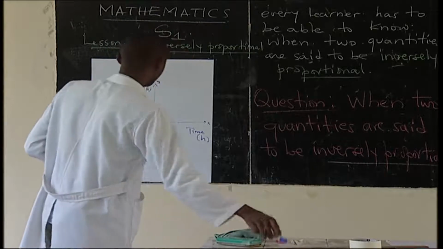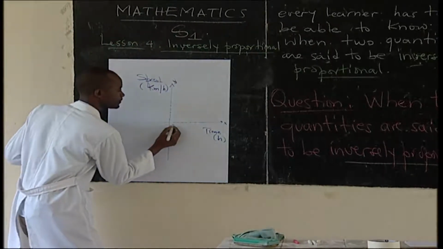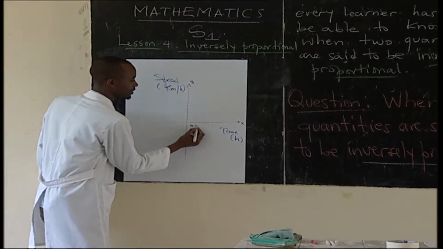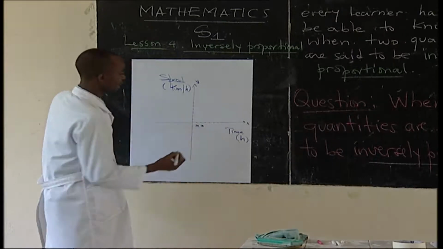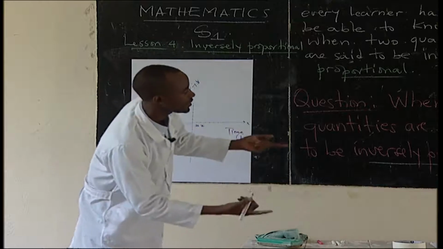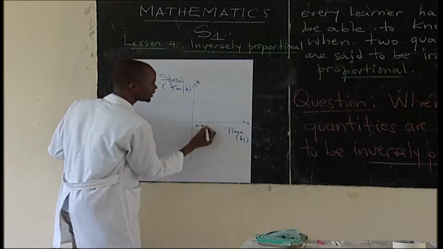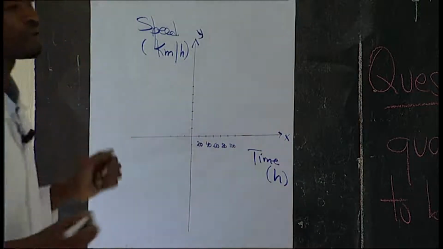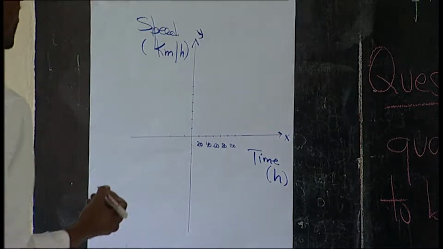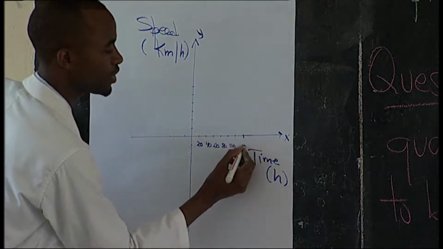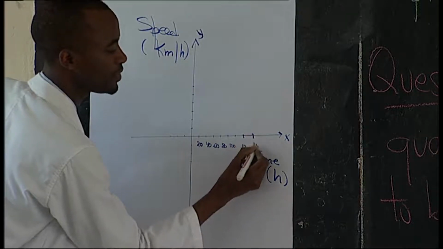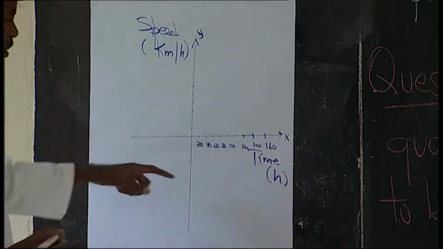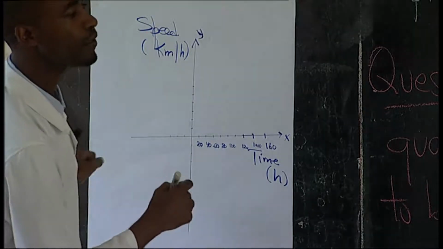Let's do it together. Let's say here we have 20, and here 40, and here 60, up to whatever, with the difference of 20: 60, 80, 100, 120, 140, 160. No, this is for speed.